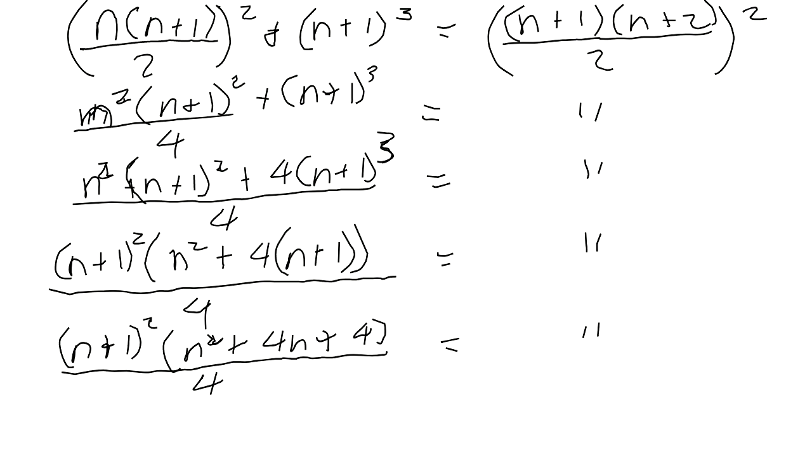What does that break down to? What's n squared plus 4n plus 4 as a square? Sir, that's a, Lord, perfect square. Yes, it is. n plus 2 squared.